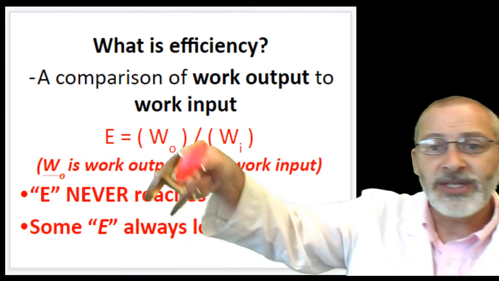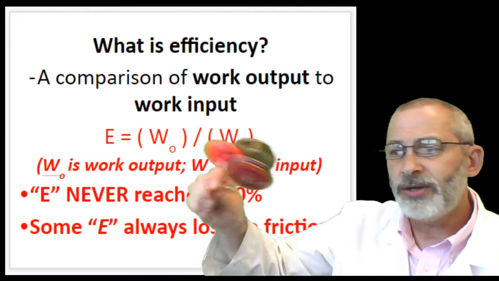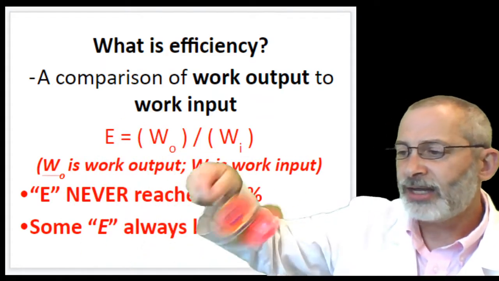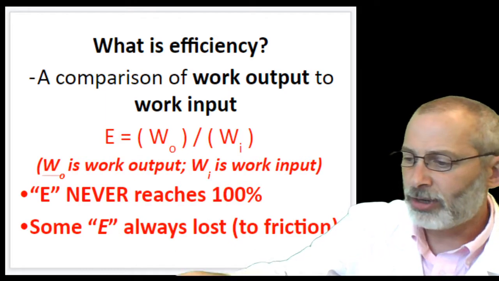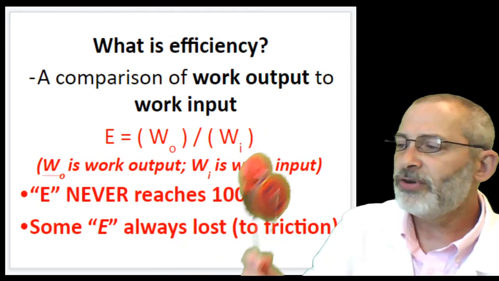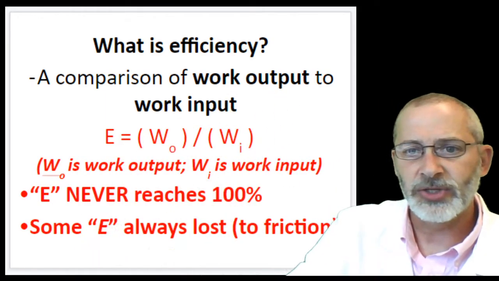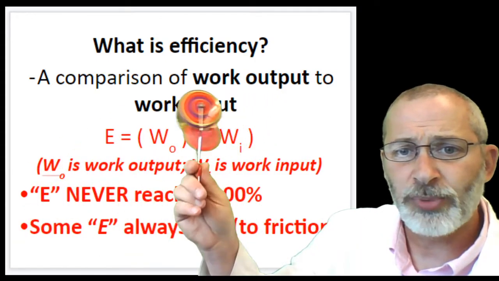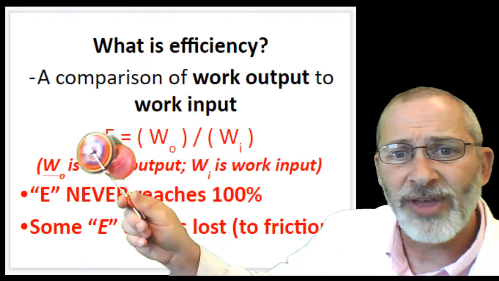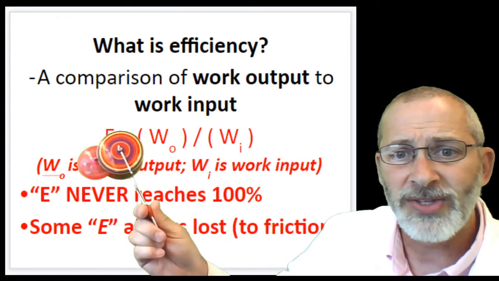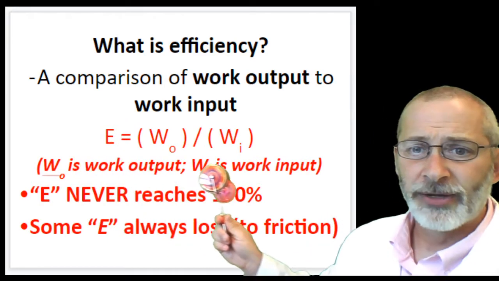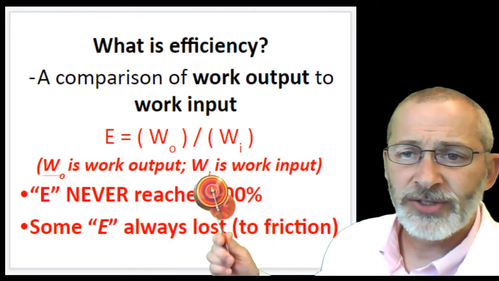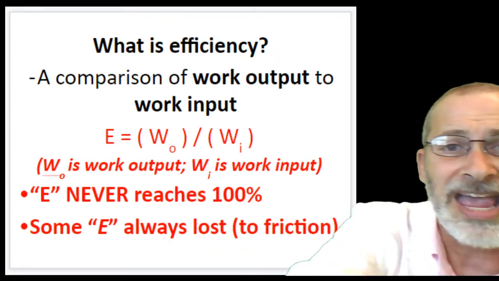So the reason our little toy here could not continue to spin around forever and ever. Now I can't even get it started once. Here we go. All right. The reason our toy can't spin around forever and ever and eventually stops is because of friction. All machines, friction is its enemy.